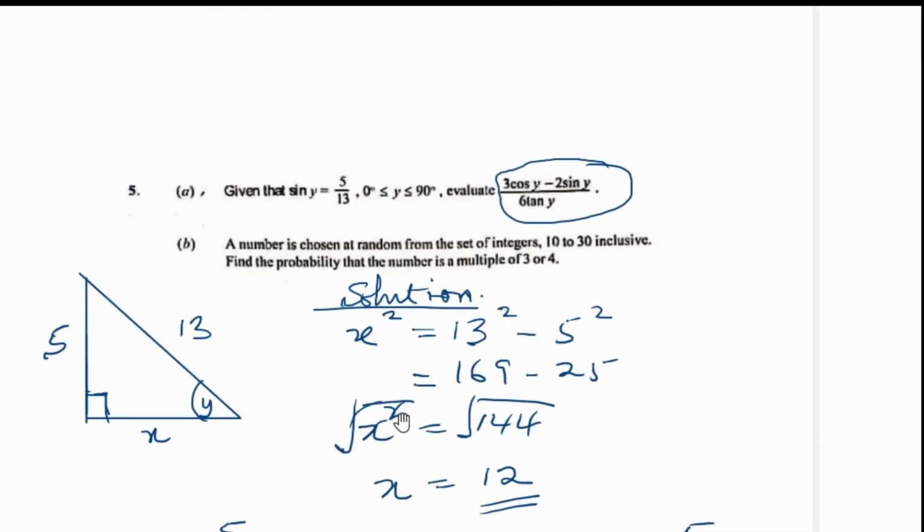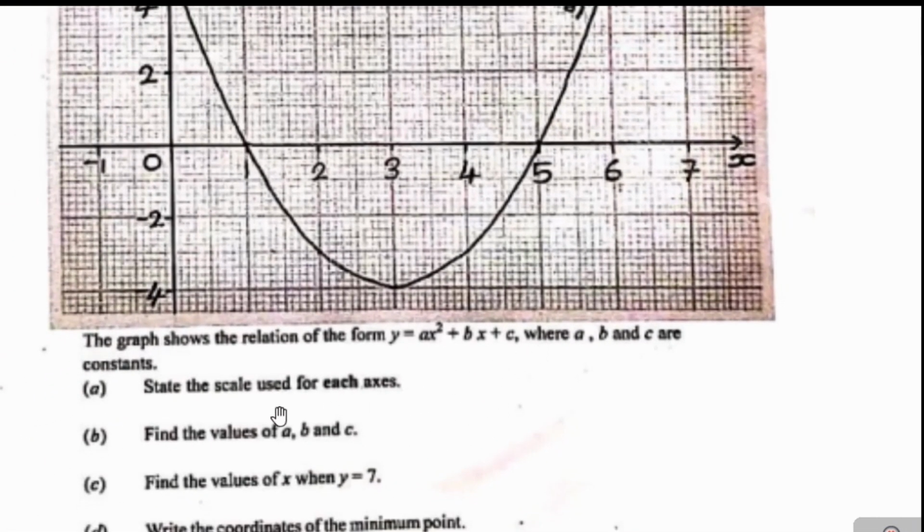Now let's move on to the next question, which is question 6. Question 6 gives us a graph with the instruction that the graph shows the relation of the form y equals ax squared plus bx plus c, where a, b, and c are constants.